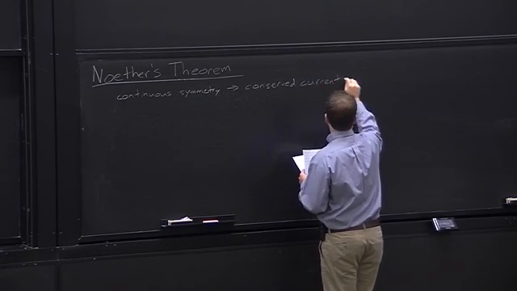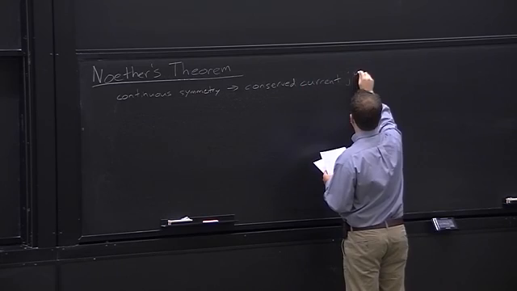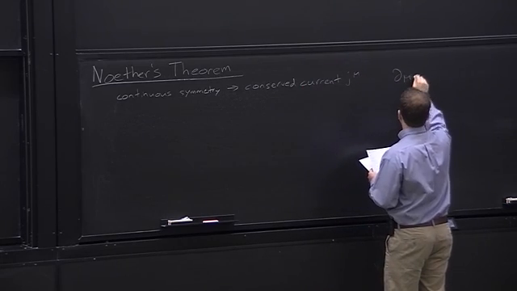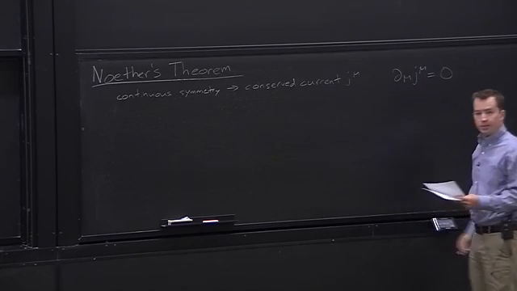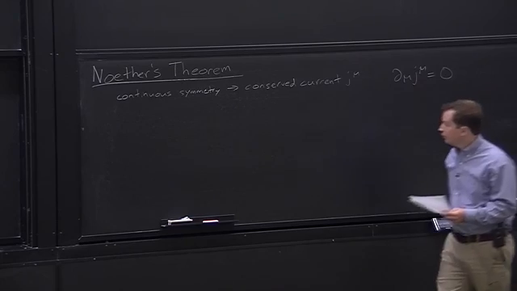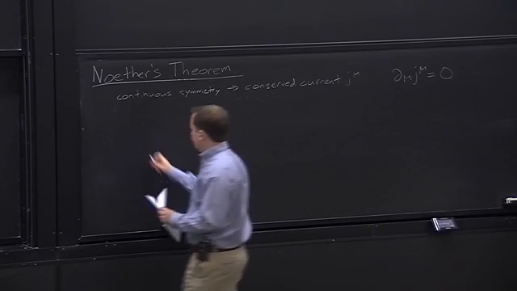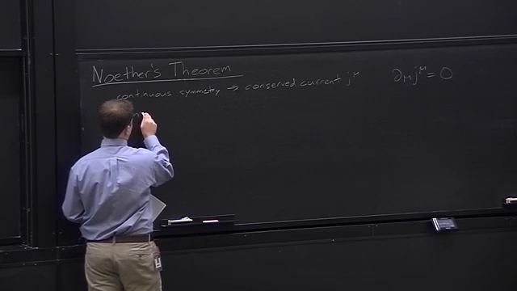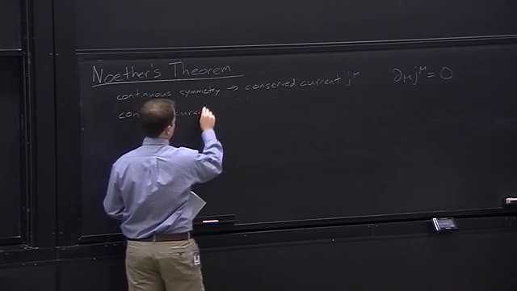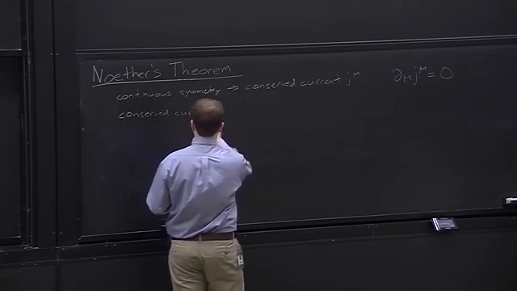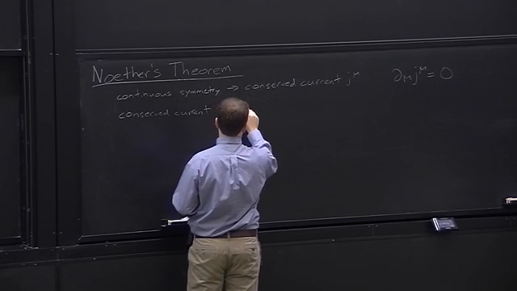J^μ, and conserved means the four-divergence of the current is 0. And if we've got a conserved current, then we have a conserved charge.